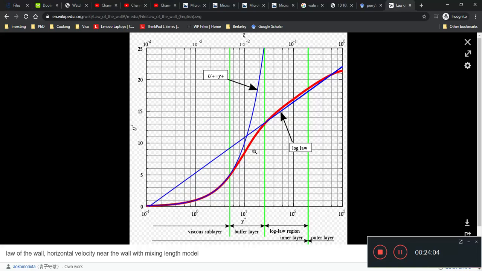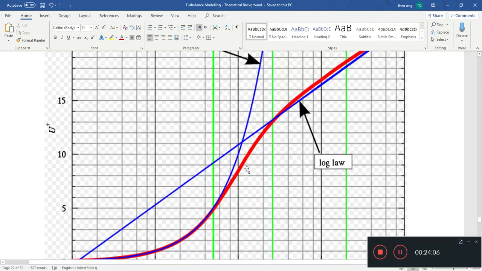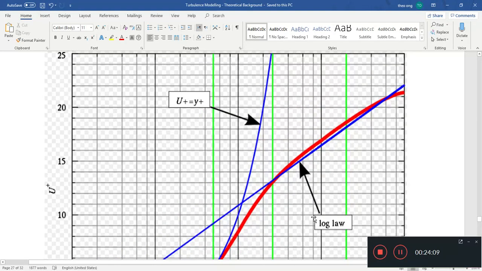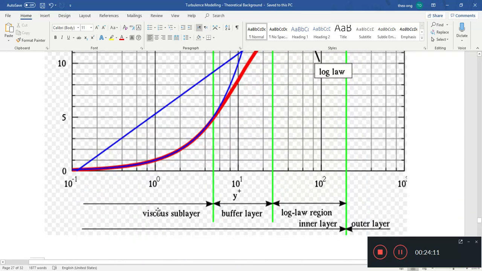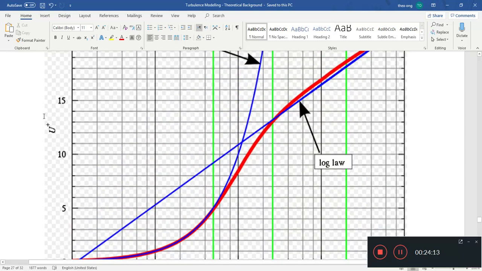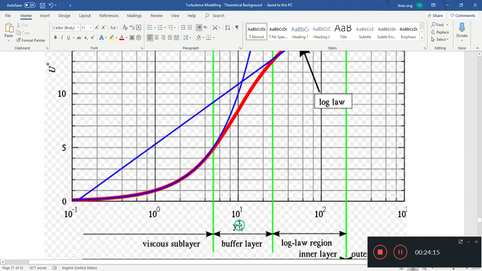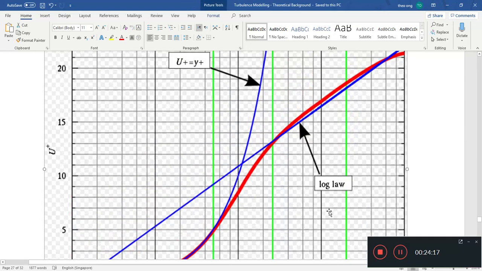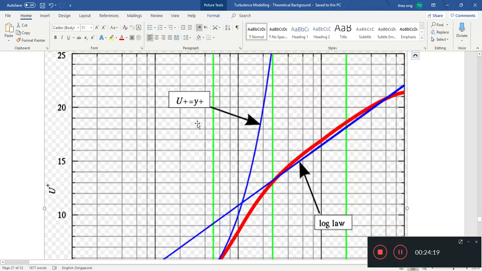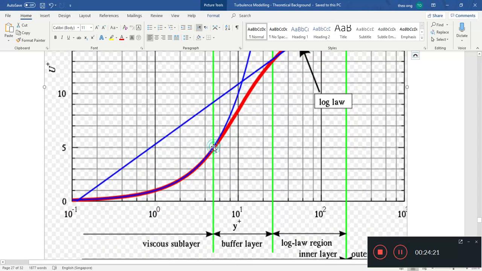So this is what you can see on Wikipedia. You have this region where we have the log law, because this is a logarithmic plot of u plus against y plus. You can see the logarithmic plots at the bottom. So u plus equals y plus is the viscous sublayer equation.